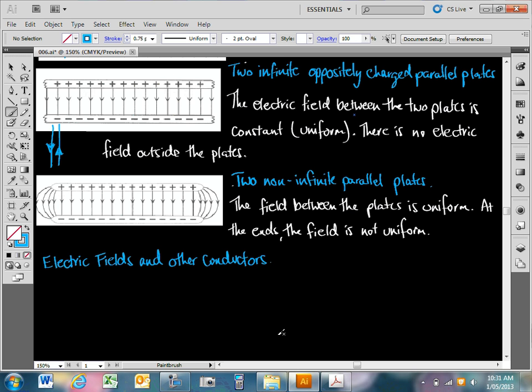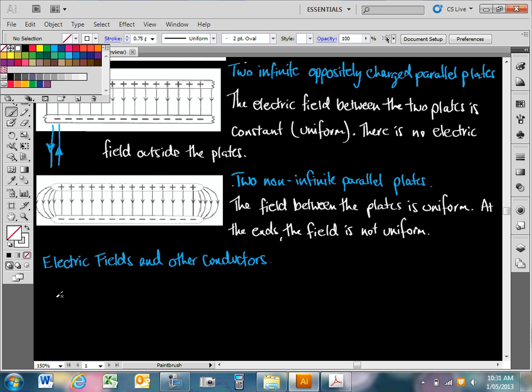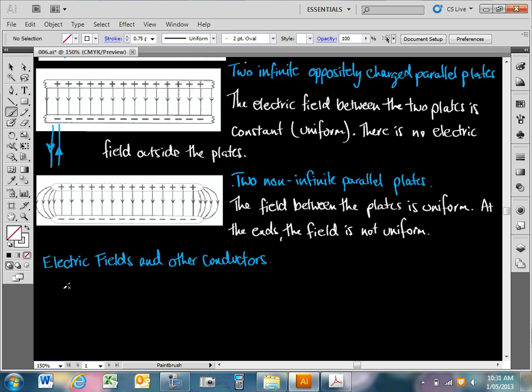Electric fields and other conductors. Conductors contain delocalized electrons. This is true of any metal in our experience.